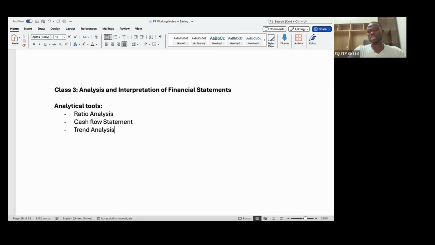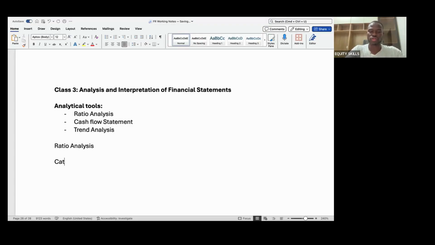But fundamentally, at your level, the tool that is often asked in your exam is ratio analysis. So I won't be defining ratio analysis to you. We'll definitely demonstrate them with the available ratios that we have.